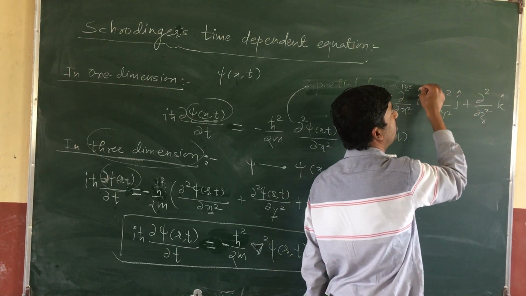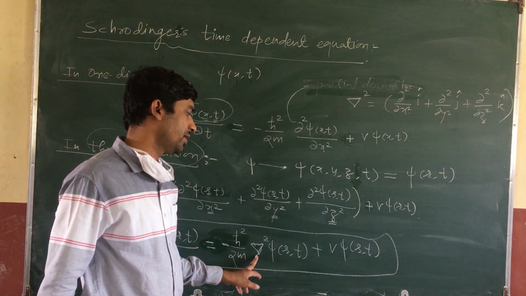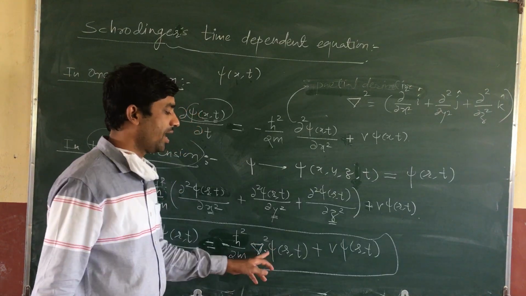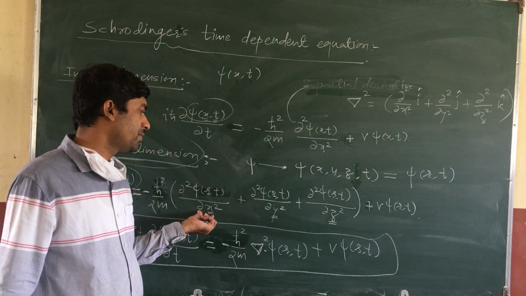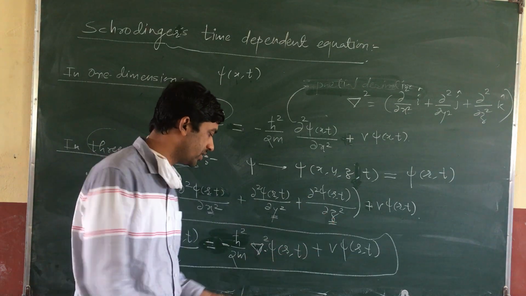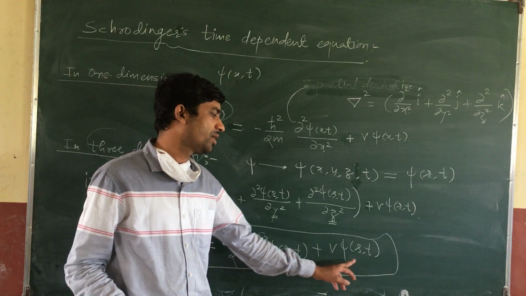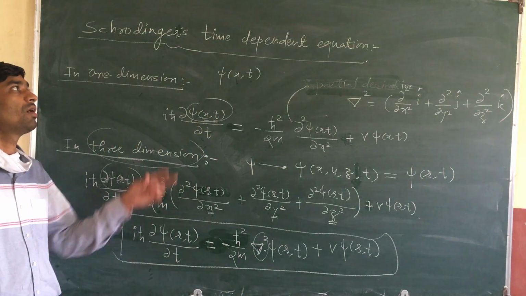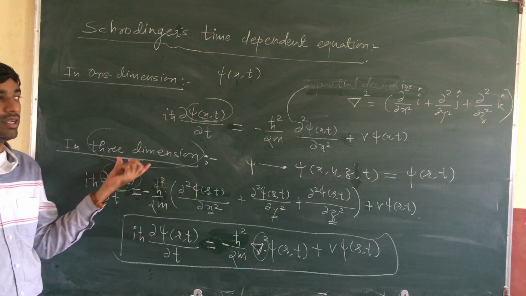So del square operates on the wave function psi of r, t. You can substitute the second derivatives with the operator del square, plus V into psi of r, t. This is Schrödinger's time dependent equation in terms of three dimensions.